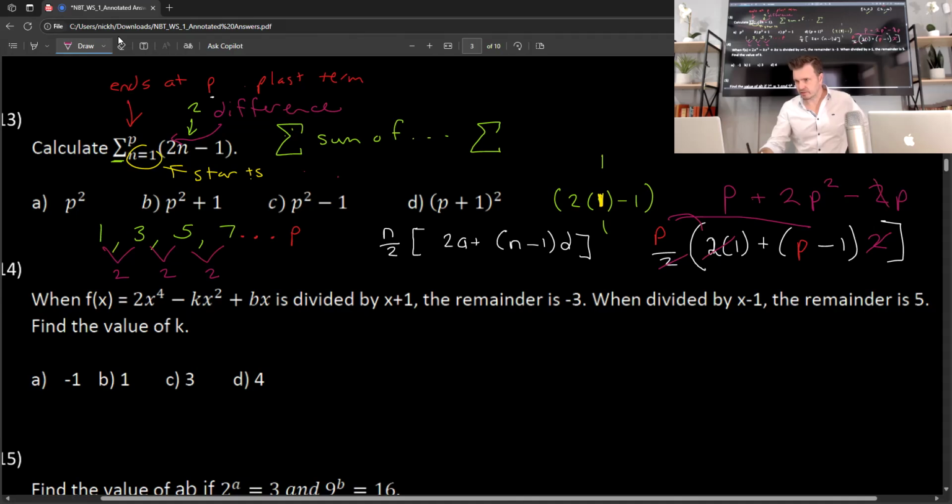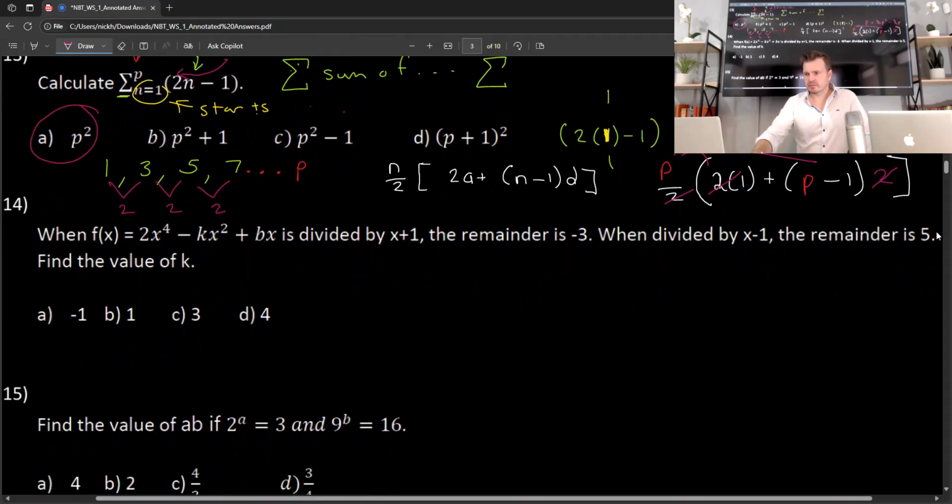So I need to get rid of these 2's. Okay, so yes, p times p is p squared, p times minus 1 is minus p. So we just get p squared, and then plus p minus p gives us 0. So we just get p squared. Okay, so that's A. All right.